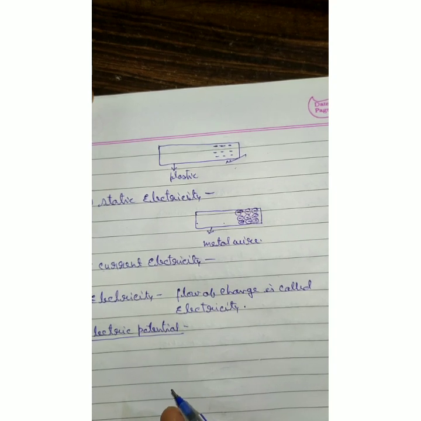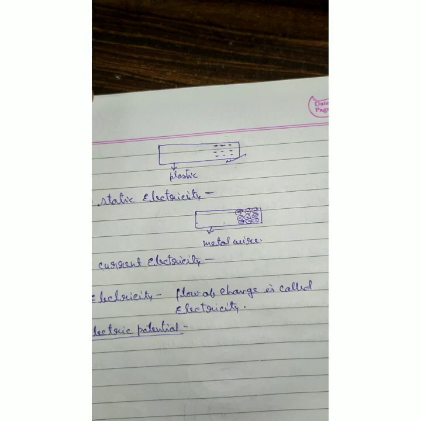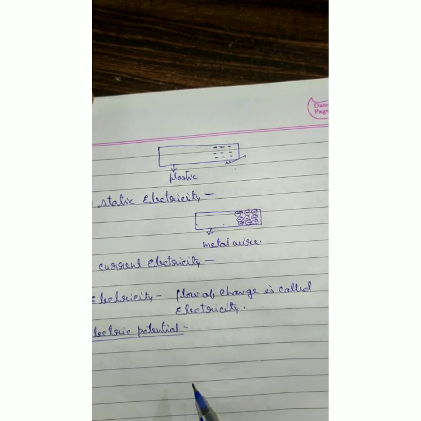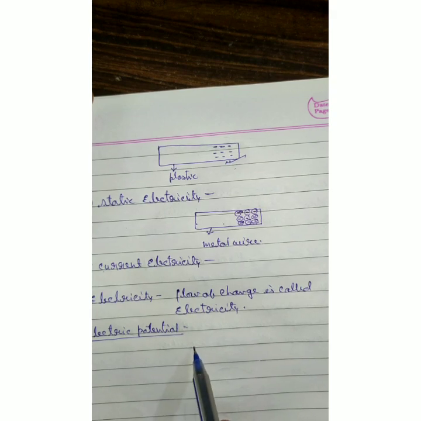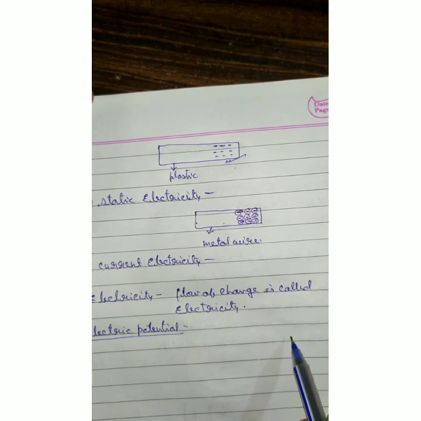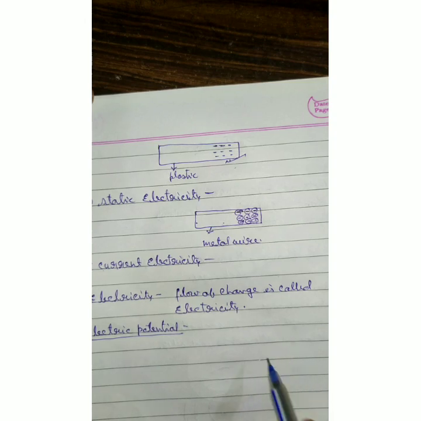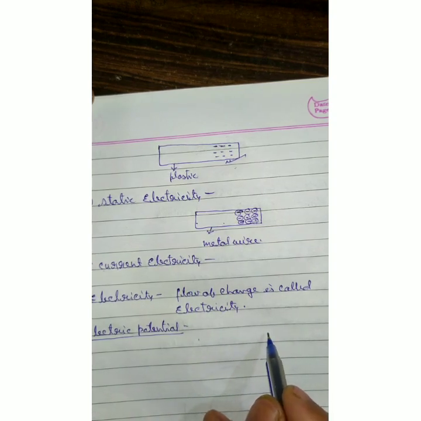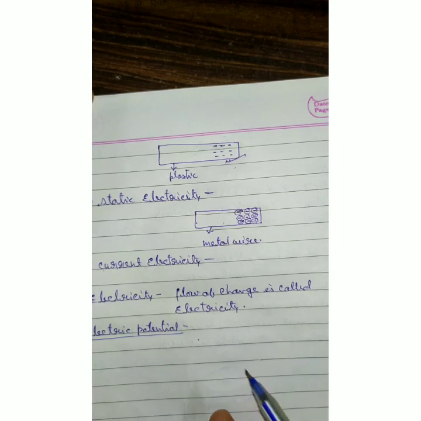So the definition of electric potential: electric potential is defined as the work done by a unit charge on moving from infinity to any point in an electric field. Listen again.